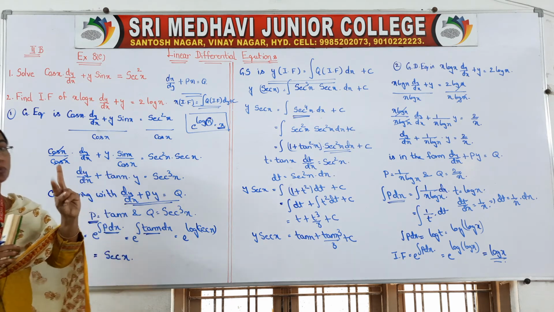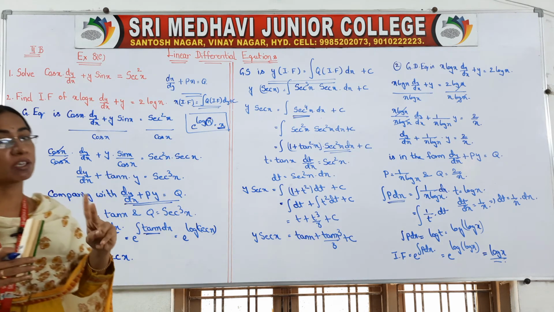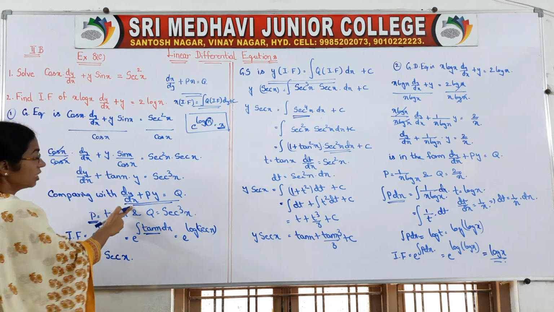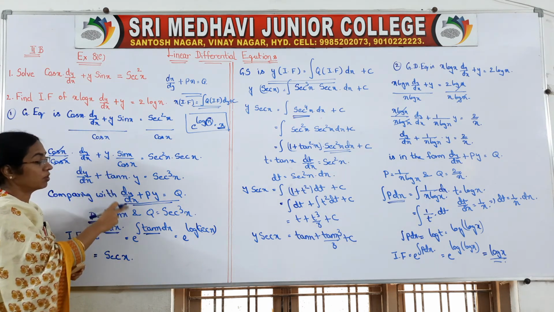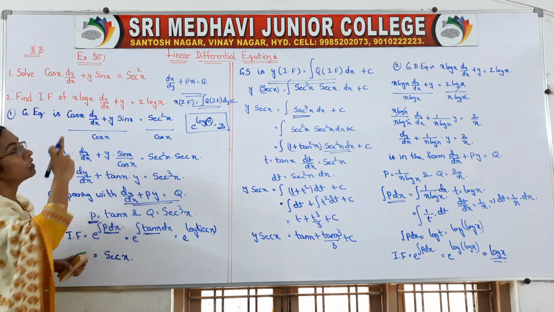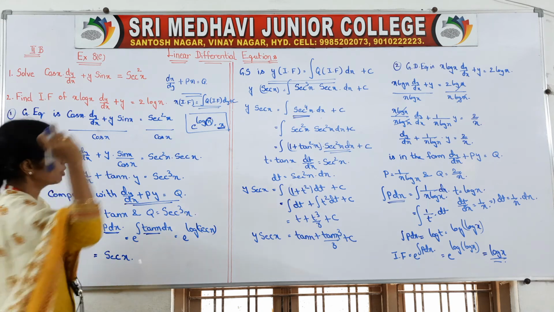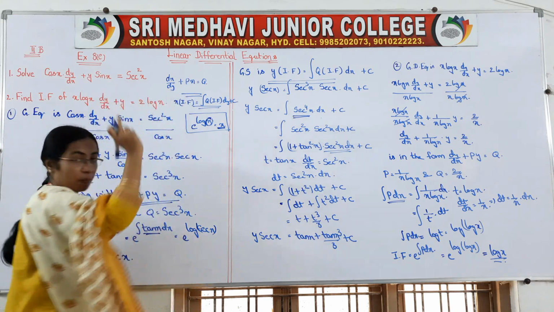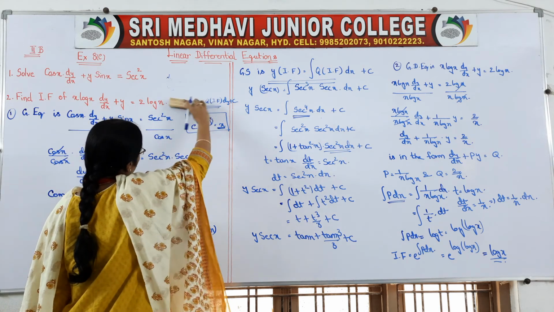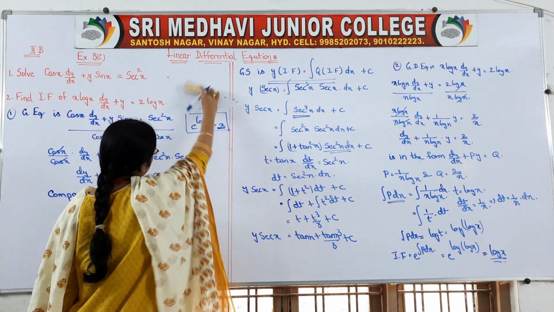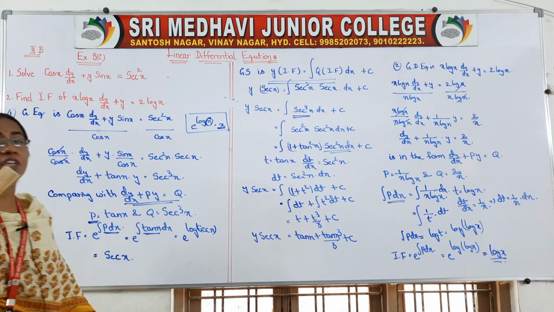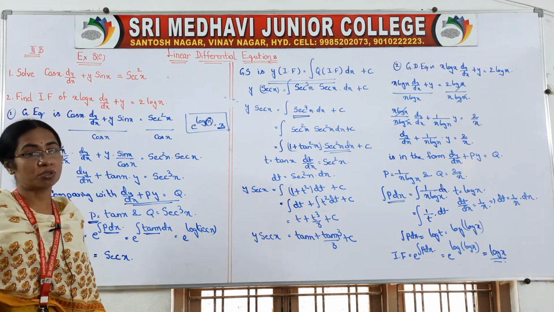So two types of linear differential equations will be there. One form is dy by dx plus py is equal to q, which is generally what we will have. Another form is dx by dy plus px is equal to q. Observe carefully, and according to the given linear differential equation, we have to find the integrating factor and take the general solution.